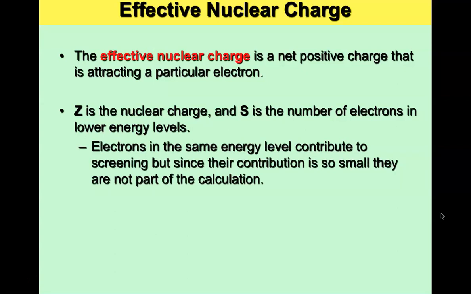Electrons that are in the same energy level contribute to screening in the sense that they're all valence, but they're not included in the overall calculation because they're in the same energy level. They're in the valence shell. They do a pretty poor job at shielding other electrons in the valence shell.